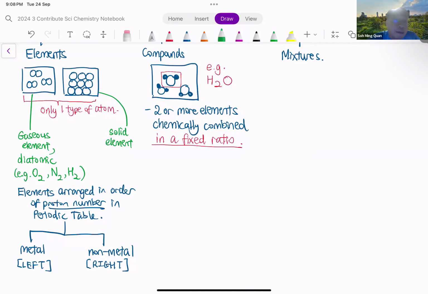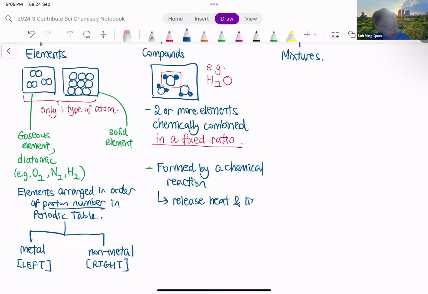And because it's combined together chemically, we know that it's formed by a chemical reaction. So for example, to form water, you may have to take hydrogen and burn it in oxygen. Burning is a chemical reaction. And because it's formed by a chemical reaction, usually compounds release heat and light energy when formed.